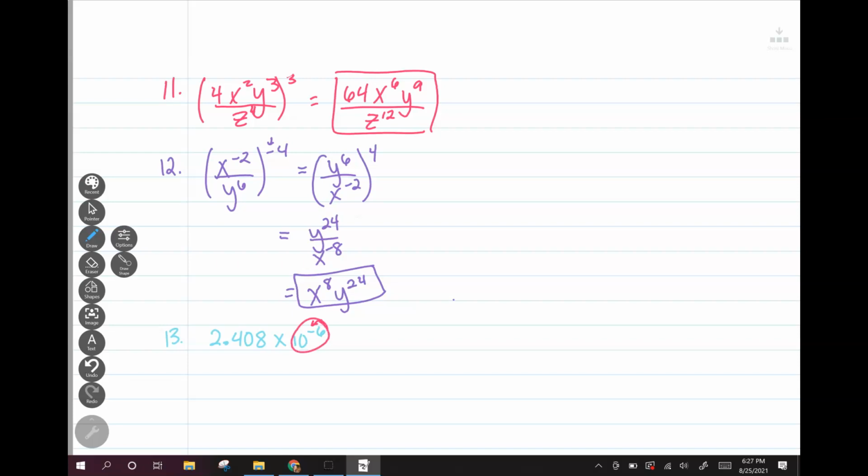Because this is actually dividing by 10 6 times. So it's going to make the number smaller. It's going to move the decimal to the left, 6. So that's going to be 0.00002408. Okay, so I need 5 zeros before the 2.